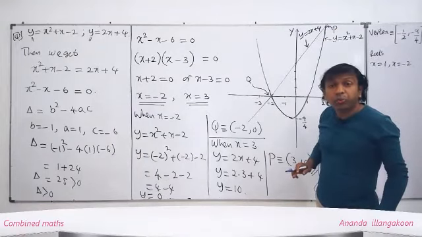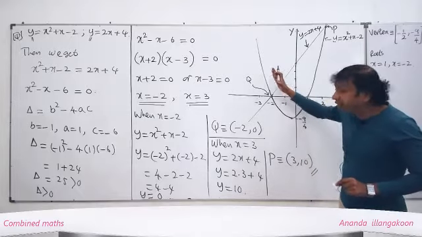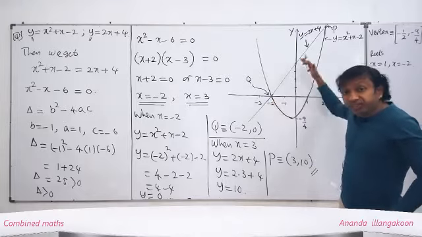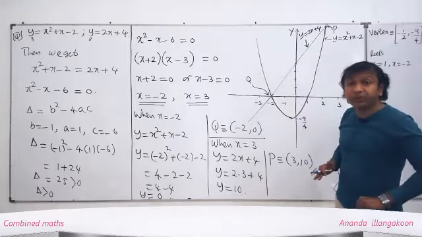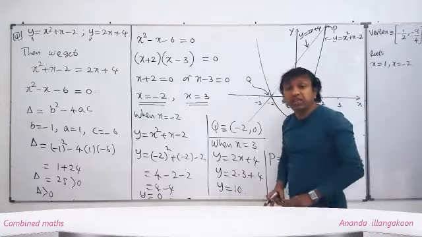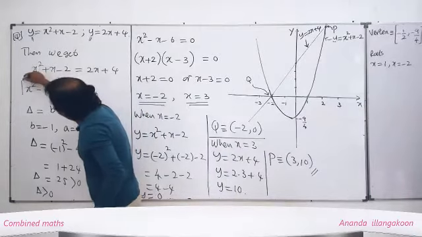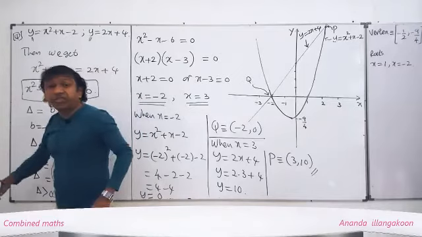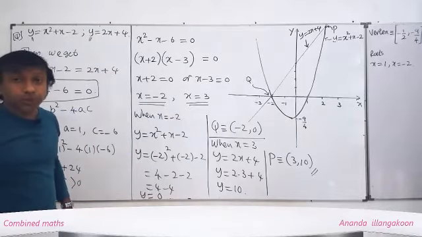When the graph and the line intersect each other at 2 points, and we equate the right hand sides and get the quadratic equation, in this quadratic equation the discriminant, delta, is positive.